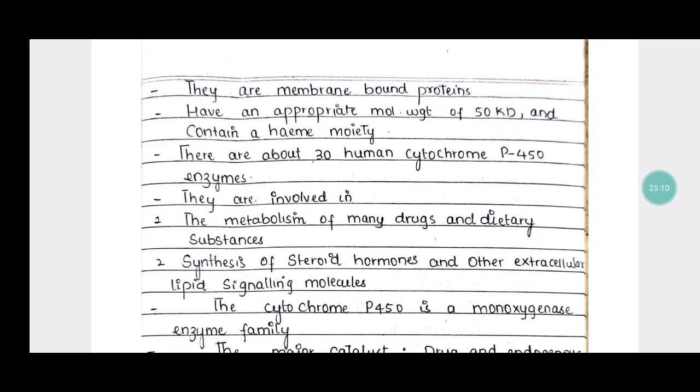Cytochrome P450s are membrane bound proteins with an approximate molecular weight of 50 kD, and they contain a heme moiety, which we have seen already in glycine conjugation. There are about 30 human cytochrome P450 enzymes.